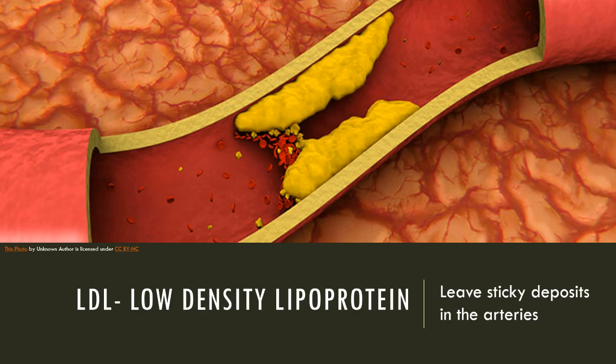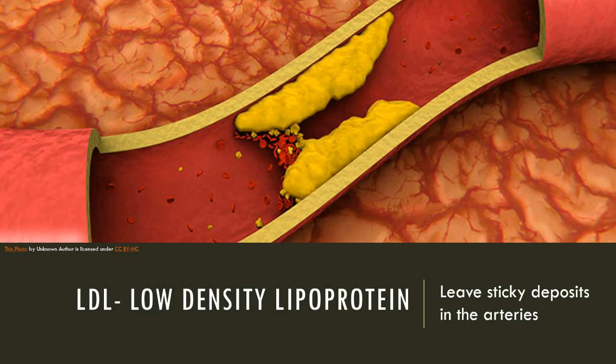So let's talk about the LDL type of cholesterol first. The LDL cholesterol is your low density lipoprotein. It has the bad reputation and is considered the bad cholesterol. The reason it's called the bad cholesterol is because it leaves plaque in the arteries when it travels through.